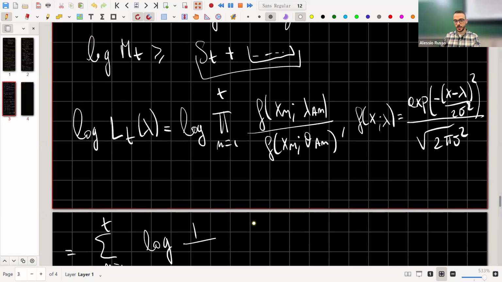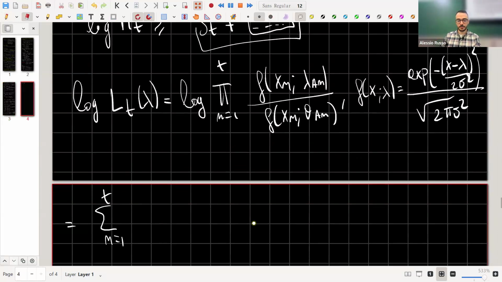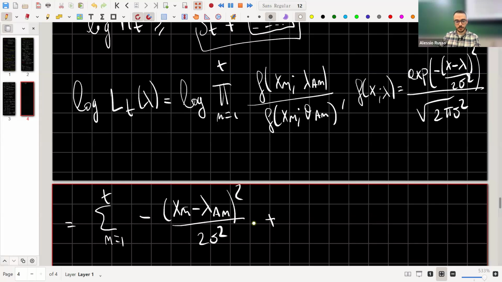So in the logarithm, the 2 pi sigma squared will cancel out in the ratio, right? So what we have left is minus xn minus lambda an squared divided by 2 sigma squared plus xn minus theta an squared divided by 2 sigma squared.